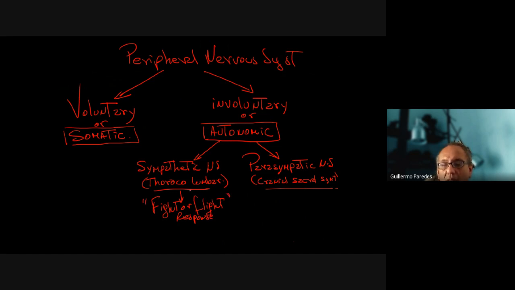When you are in the sympathetic, all these spinal nerves coming from the thoracic and lumbar area of the spinal cord produce the fight or flight. And the fight or flight is characteristically given by adrenaline. The adrenaline is actually the fight or flight.